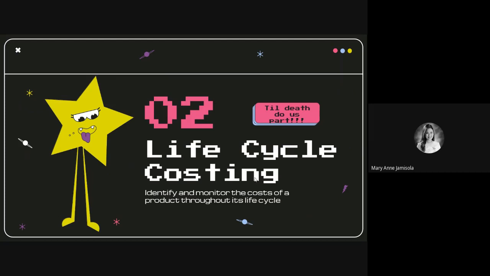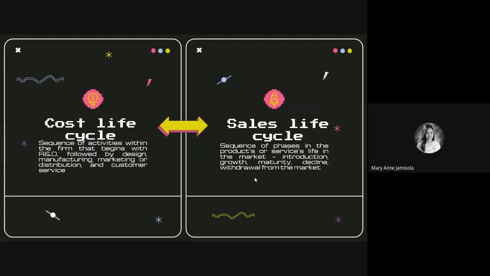Okay, so let's look first at life cycle costing on the aspect of cost life cycle. This is what I mentioned a while ago, the difference between the cost life cycle and the sales life cycle.